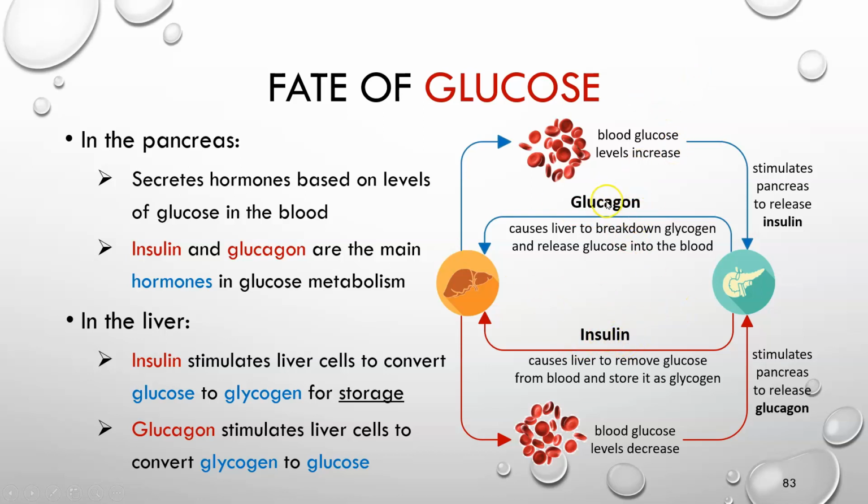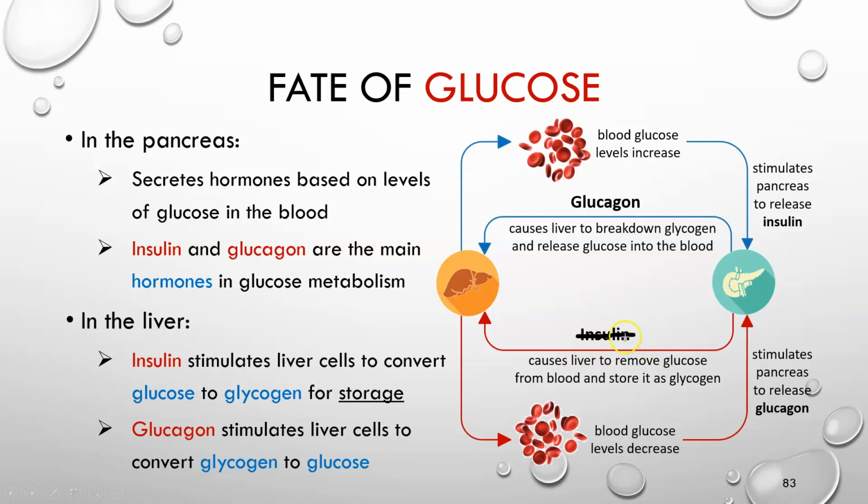Okay, just a quick side note. You may have heard of this disease called diabetes, which basically means that the body is not producing enough insulin, or somehow the body is not responding to insulin. So what happens in a diabetes patient is that the body does not produce functional insulin, or not enough of it.